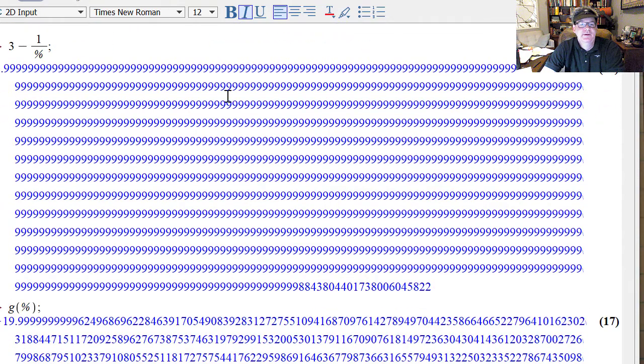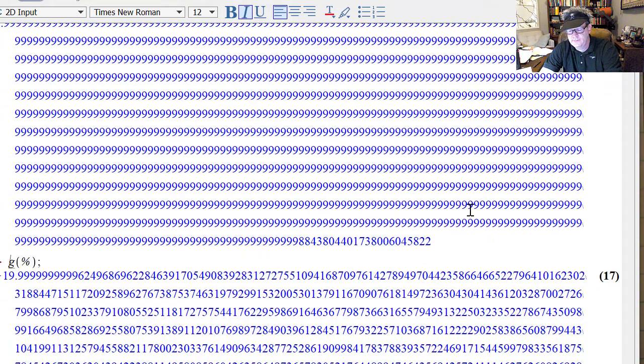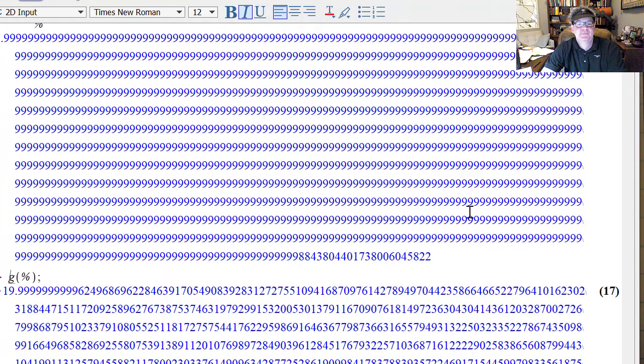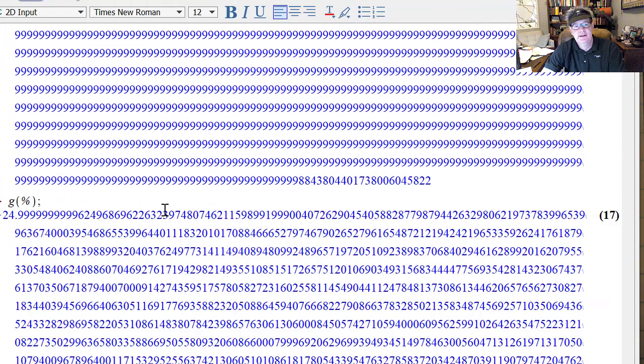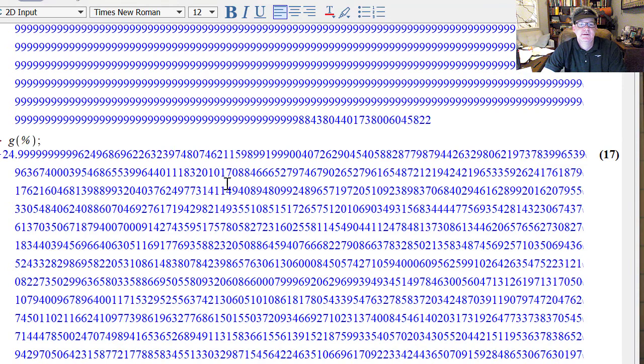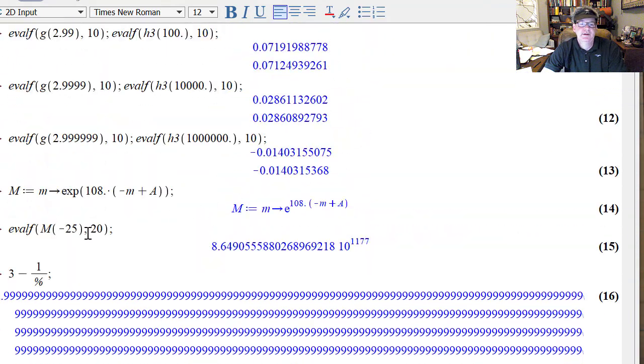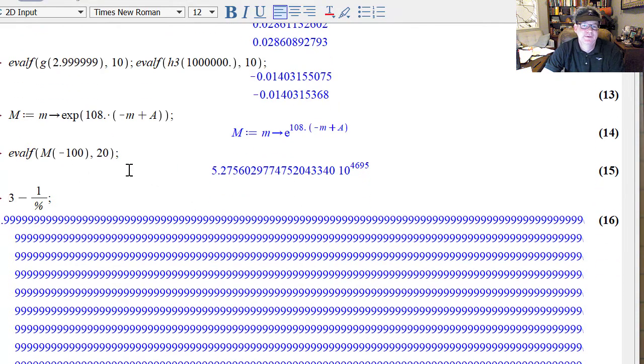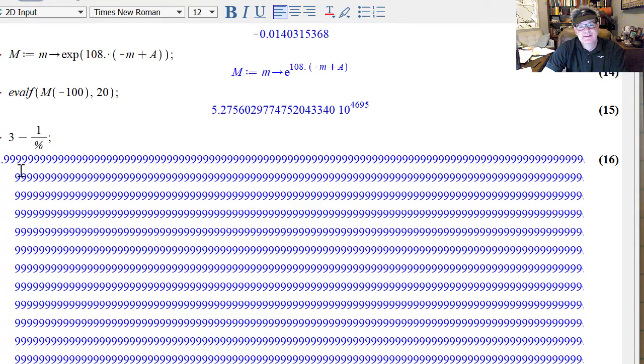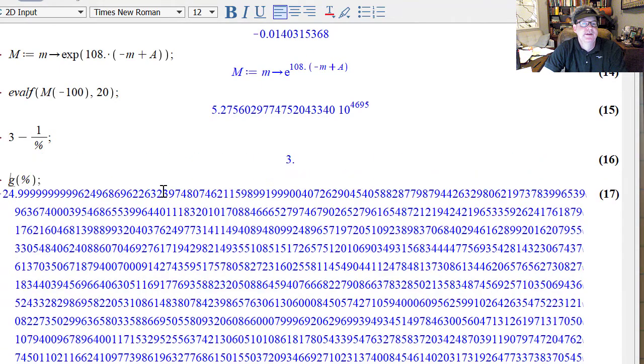And again, in theory, we can plug in anything here. I can go to 100. So we go to negative infinity. Plug in any negative number and we'll reach it. If I want to reach negative 100, it has to be at 10 to the 4,695. This won't work now. This will say 3. But it's really 3 minus 1 over that number, and I didn't put in enough digits for that.